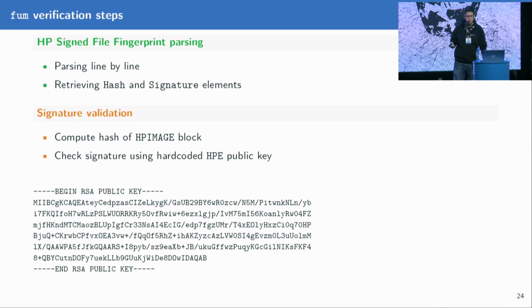So this is this part which is handled by the Fume task. This HP signed fingerprint header is parsed line by line by Fume, and the hash and signatures elements are verified. Then the hash of the HP image block is computed, and the signature is checked with the hard-coded HPE public key.